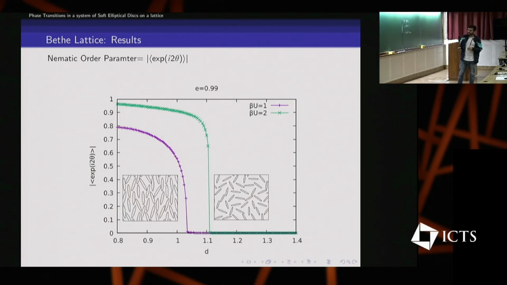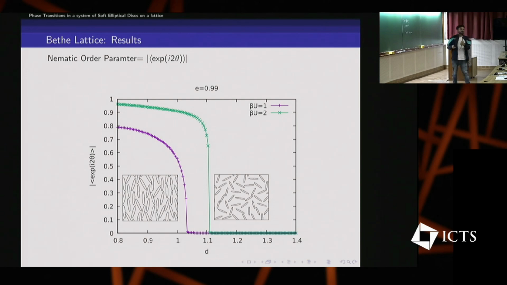By varying the softness, one can see that it becomes sharper, and in the hard limit it shows a very sharp first-order jump. But there is some problem in the numerical implementation of the Bethe lattice because of a convergence issue, so that's why I'm using these soft potentials.